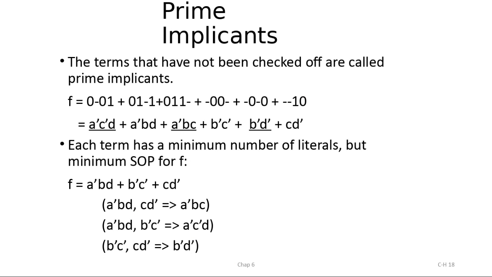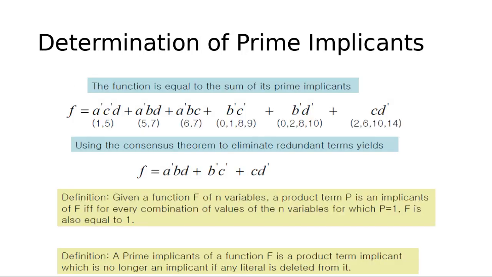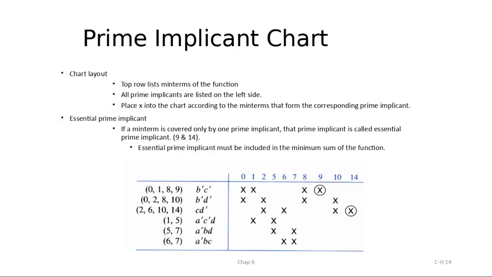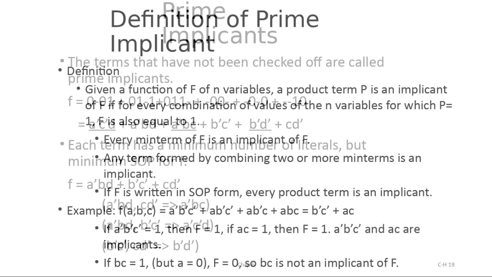You know that we got F from the first table and we got the first expression. So you can use, like we said, the consensus theorem and you can take this solution, like that.